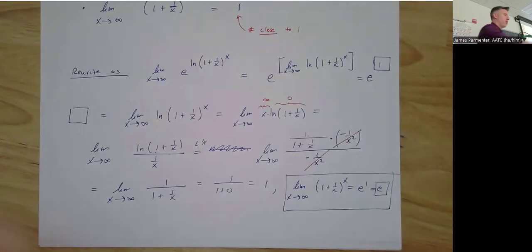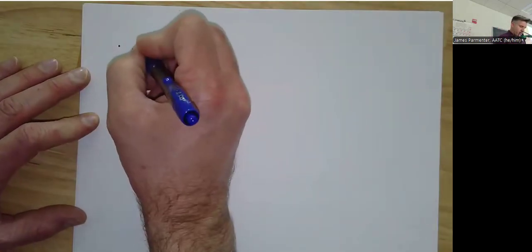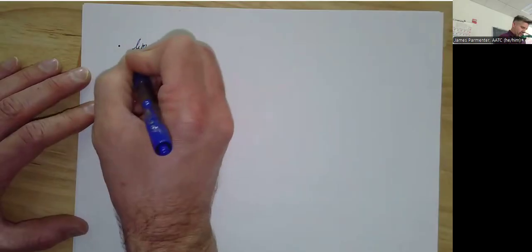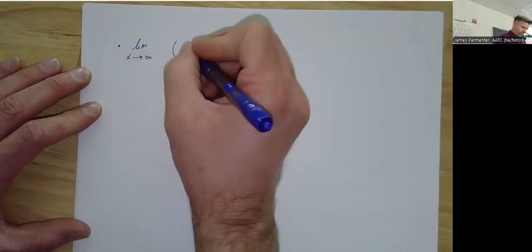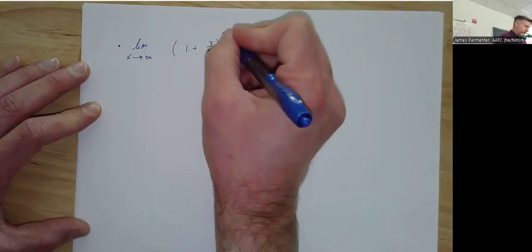So there's kind of a more generic idea of this. And what I want to say is this kind of limit comes up pretty often. In fact, in future classes, you kind of don't even show all this work. You're just like, cool, I know what it's going to be. So, for example, someone could ask you, what's the limit as x goes to infinity of (1 plus 3 over x) to the 2x power?